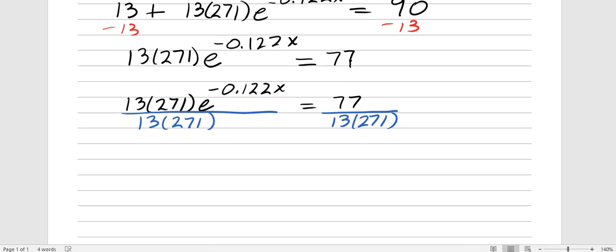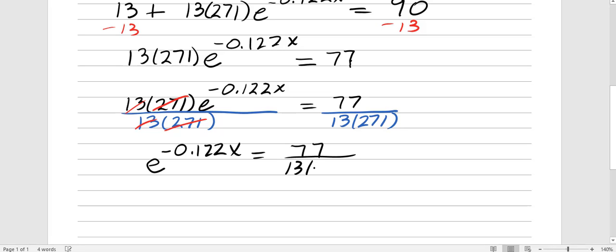So on the left side, the 13 in the denominator divides one time into 13 in the numerator, and the 271 in the denominator divides one time into the 271 in the numerator. So I now have e to the negative 0.122x equals 77 over 13 times 271.